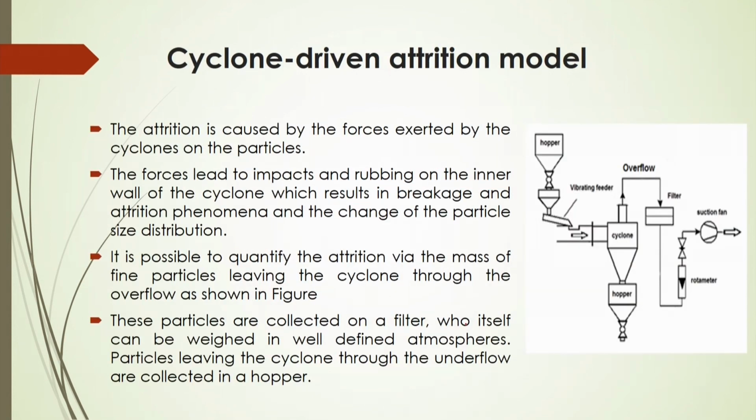And cyclone driven attrition, in this case, actually happens because of the forces exerted by the cyclones on the particles, and the forces lead to impacts and rubbing on the inner wall of the cyclones, which results in breakage and attrition phenomena and a change of the particle size distribution.